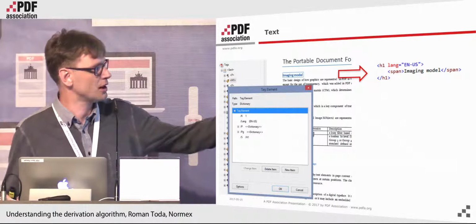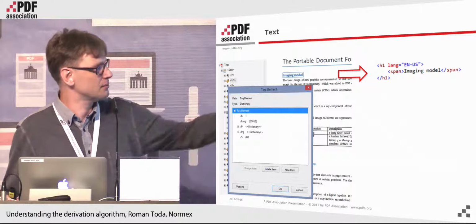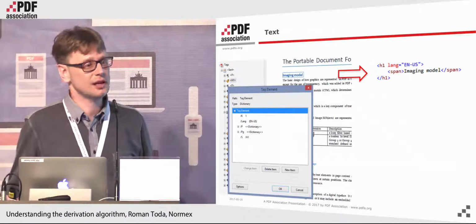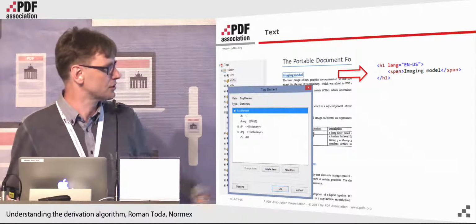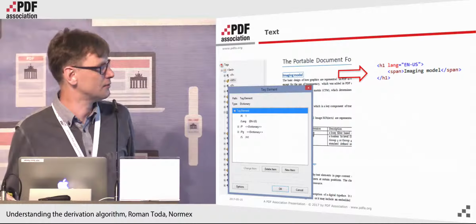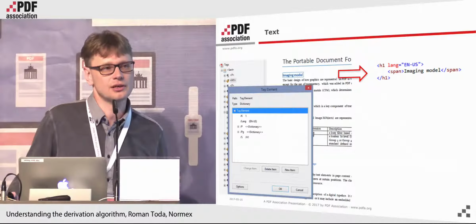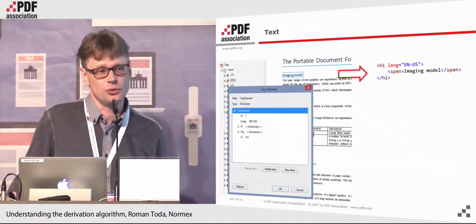Yeah, H1 maps to H1, text maps to span. I can even take language from the structure tree, from the tag element, and this is how we think things might go.